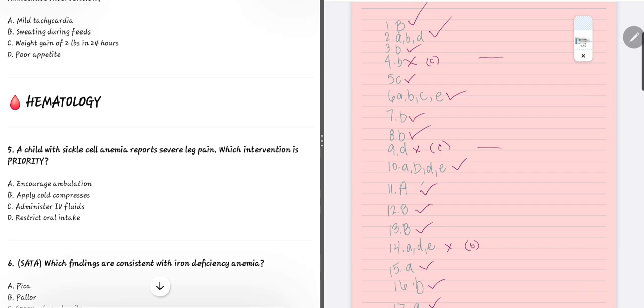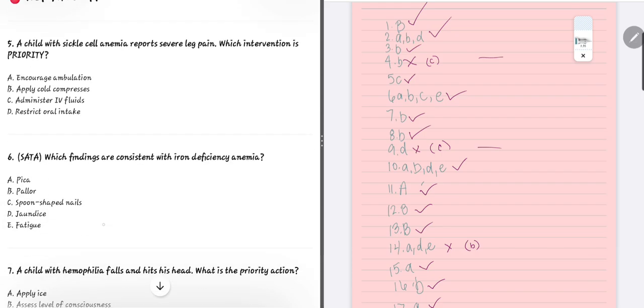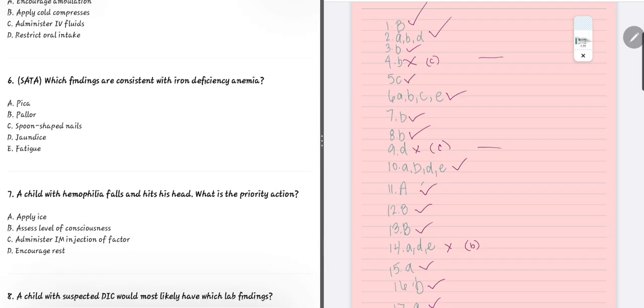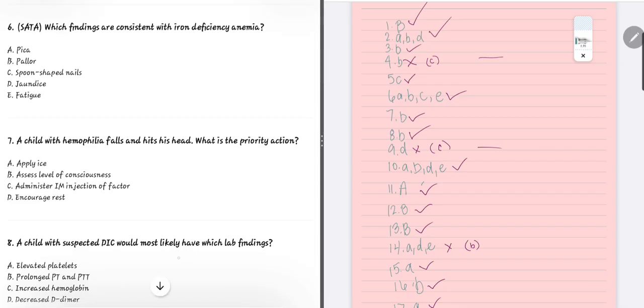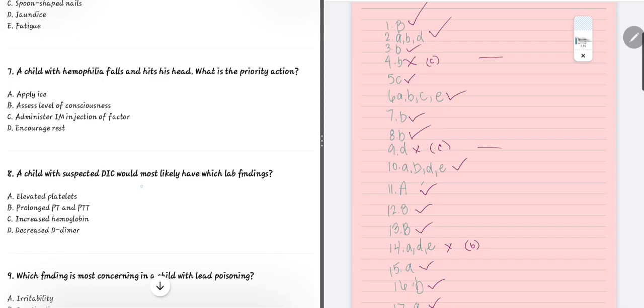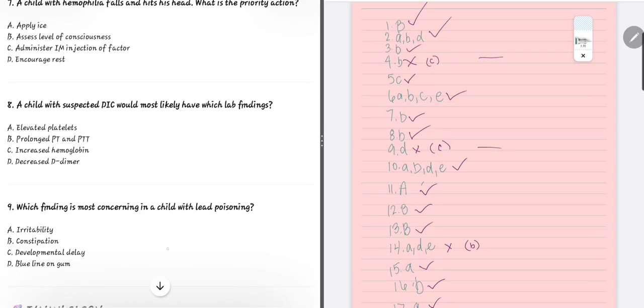Okay, 5 is administer IV fluids. 6 is A, B, C, E. 7 is B. 8 is prolonged PT and PTT. 9 is C, developmental delay.